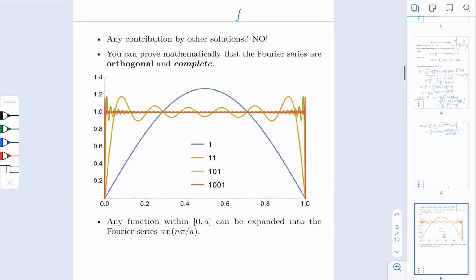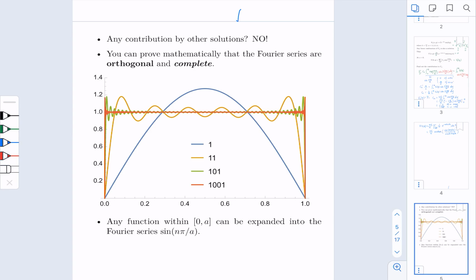So here, as the example, I'm trying to expand the constant over all the basis functions. When n equals 1, it is simply trying to use sine x sine pi over a to approximate this constant. Of course, the two differ by a lot.